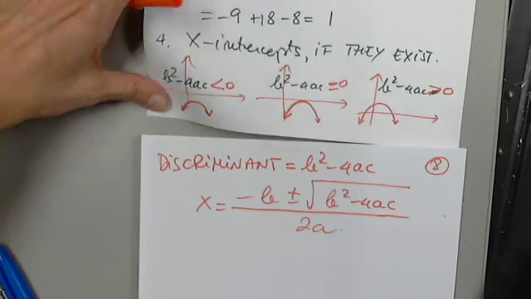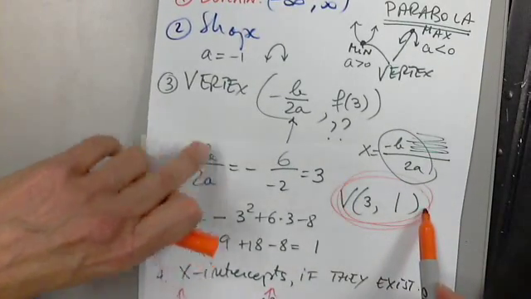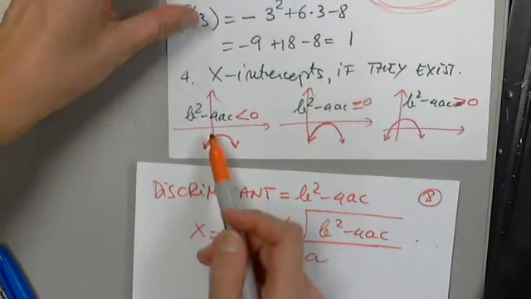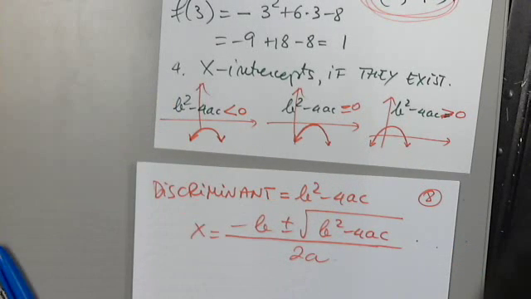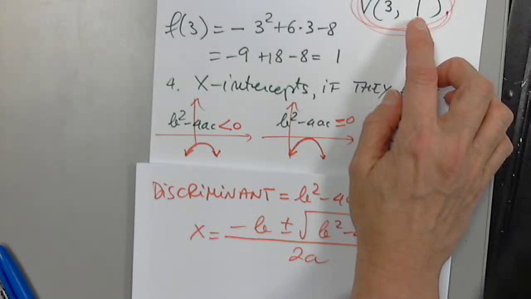Okay, so now I'm coming back. This is the vertex. And I want an analysis from you. Is this situation, or this situation? Number 1, number 2, or number 3? Where do I look to identify? This is the key. This number is the key.